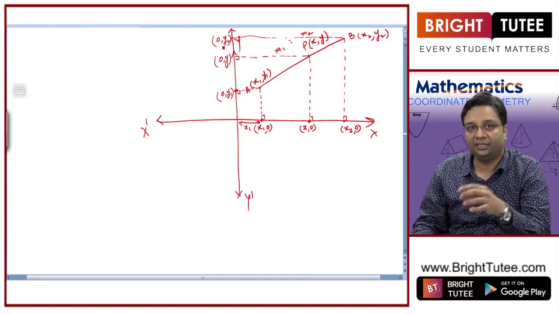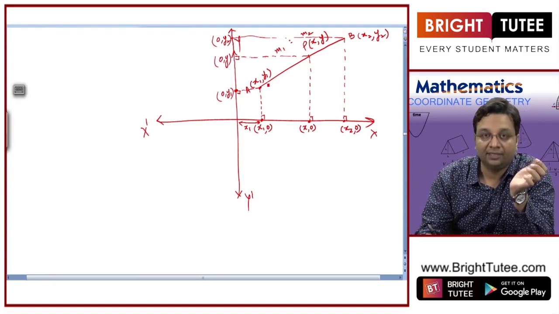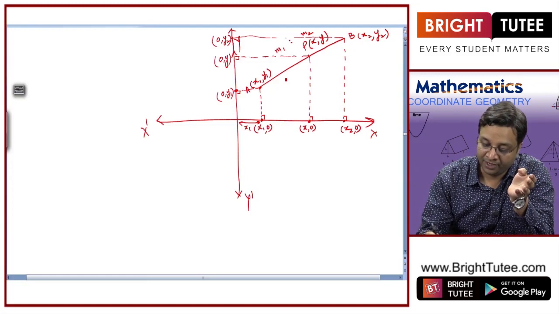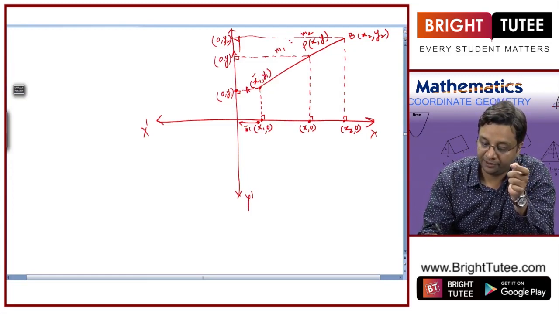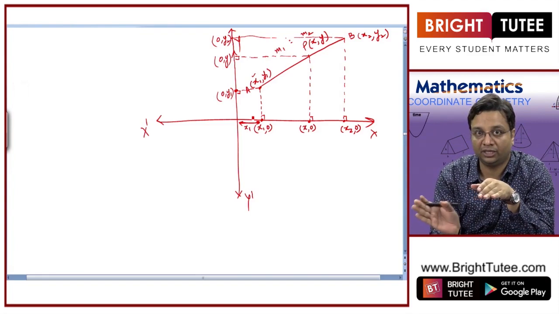This is the basic thing that we covered in the first lecture: if this is a point A in the two-dimensional coordinate system, then the first coordinate, the x coordinate, gives you the length on the x-axis, that is, how much you have to travel in the horizontal direction.